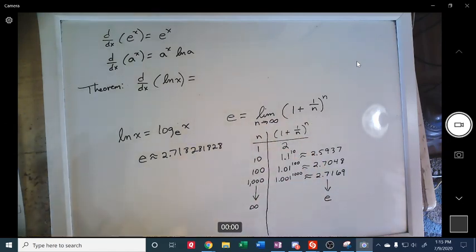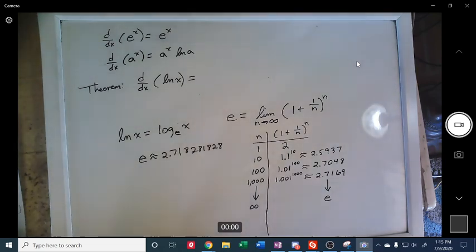This might seem like a really strange way to get such an important number, and whoever came up with this crazy thing? Well, actually, it comes up naturally if you were doing compound interest.